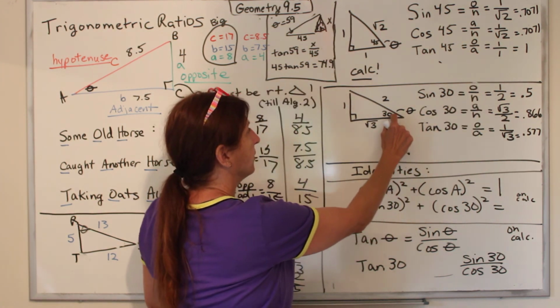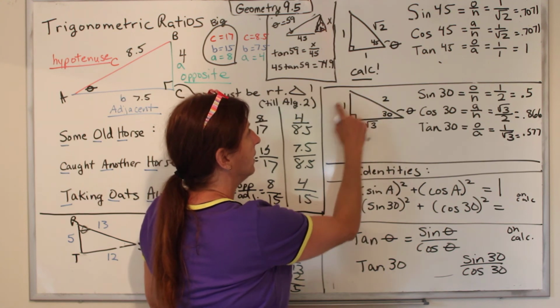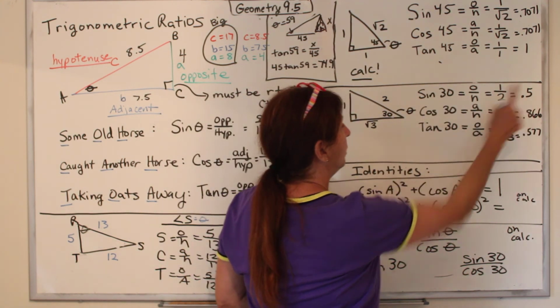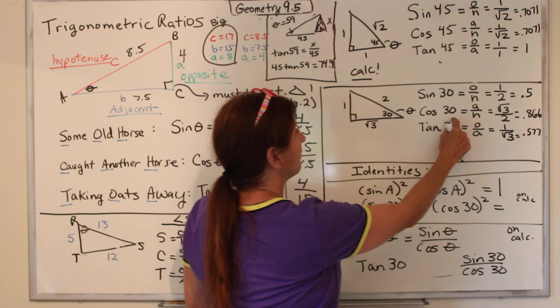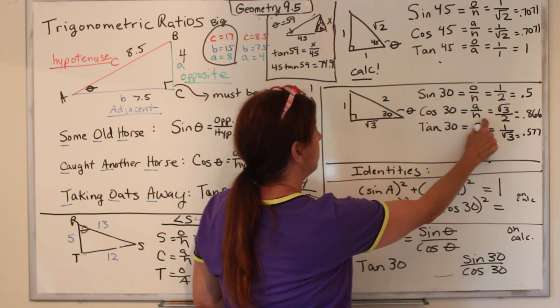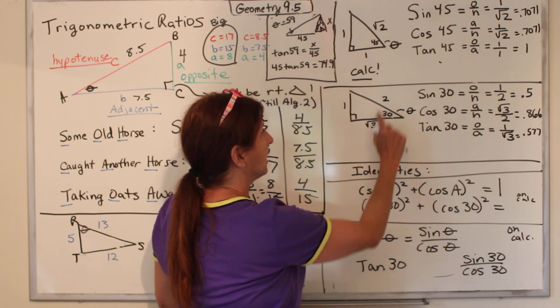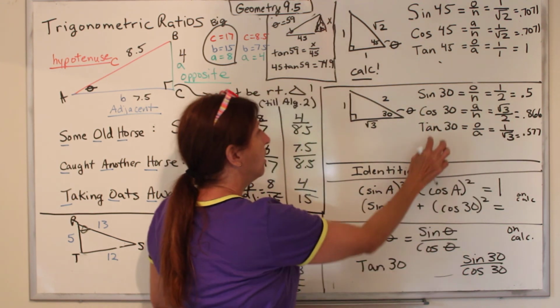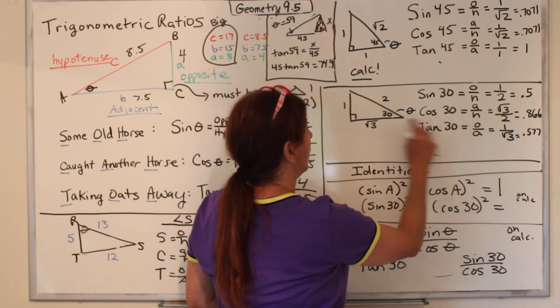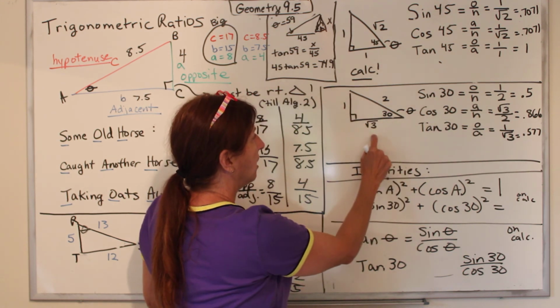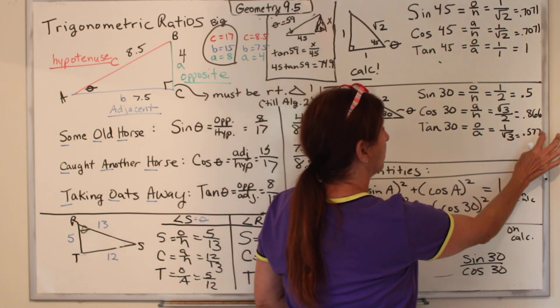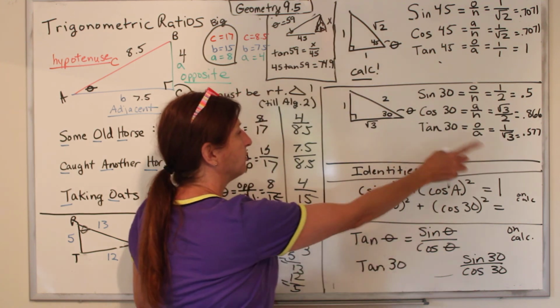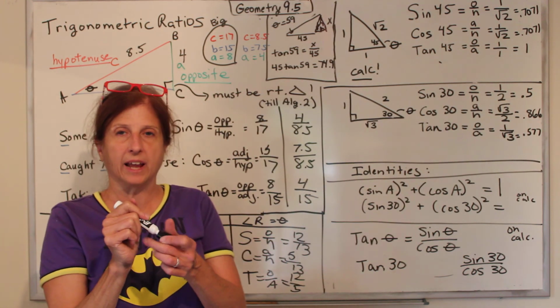So the sine of 30 is the opposite 1 over the hypotenuse 2, 0.5. The cosine of 30 is Caught Another Horse, the adjacent over the hypotenuse, square root of 3 over 2, 0.866. Or, Taking Oats Away, the tangent is the opposite over the adjacent, 1 over the square root of 3, 0.577. You get the same thing either way.